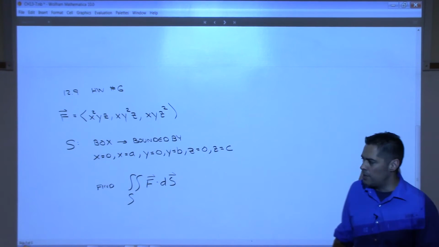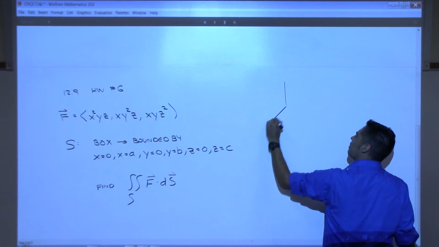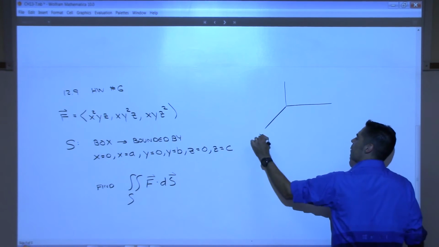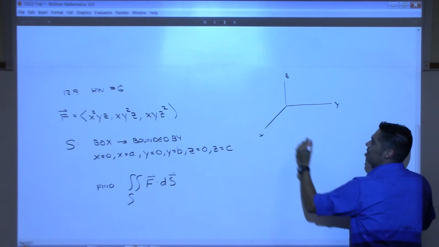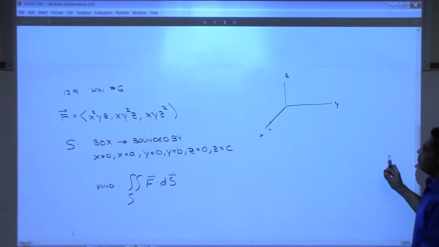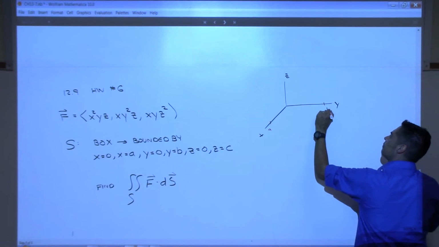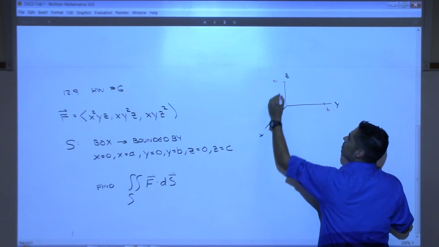Just for simplicity's sake, so when I draw it, I should have something like this. Here's the first octant. Here's X, here's Y, here's Z. If X is A, Y is B, and Z is C, then I should get a box that looks like this.